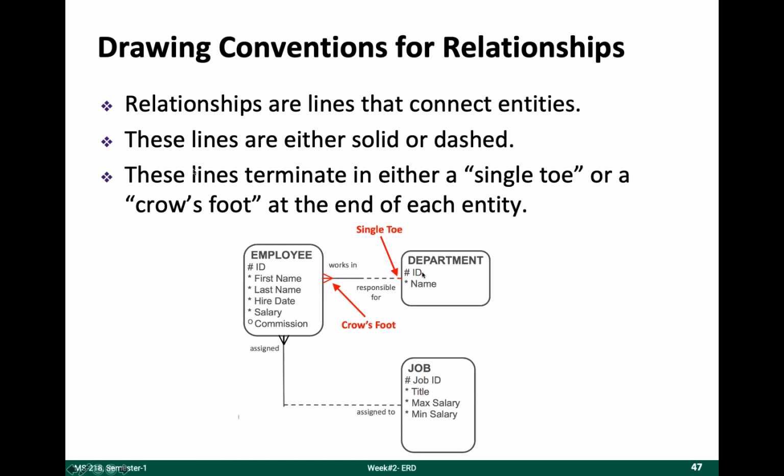And this crow's foot, or if there is no such single toe or line, this is representing cardinality. This is for many, this is for one. So in one relationship, technically we have to define 6 things. 2 names, like each employee works in is a relationship name from employee to department.